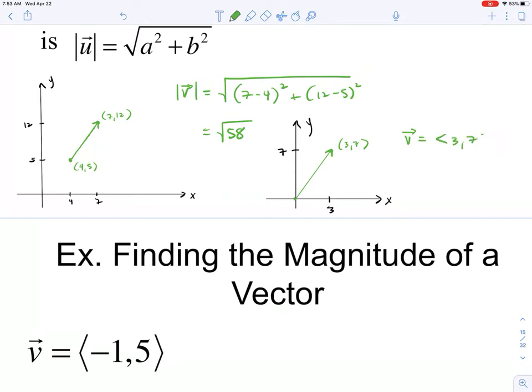So again, that's vector v, which is in standard position.